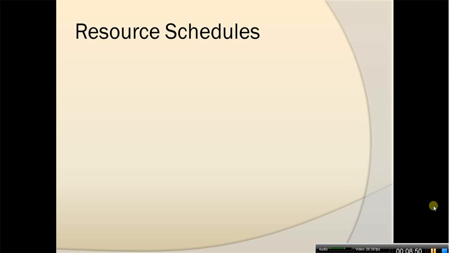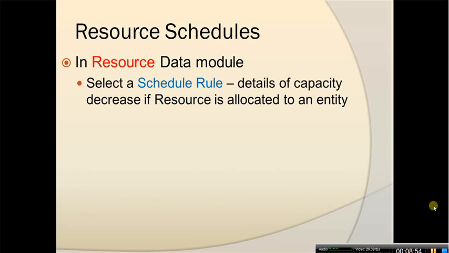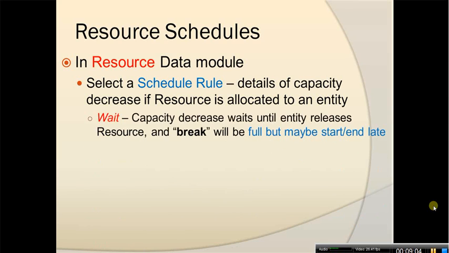And so it's important for you to know the differences between different schedule rules, and the schedule rule details, right, how the capacity will be decreased, right, if resource is allocated to an entity? Because if resource is busy, we need to know how to decrease the capacity.